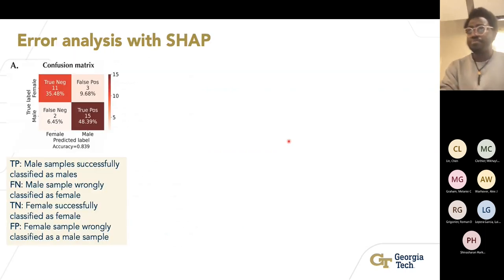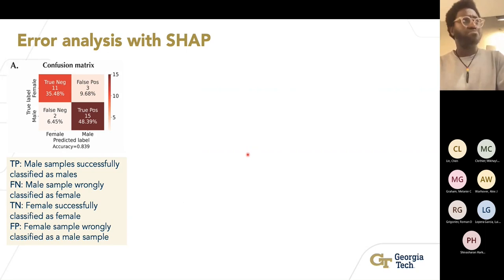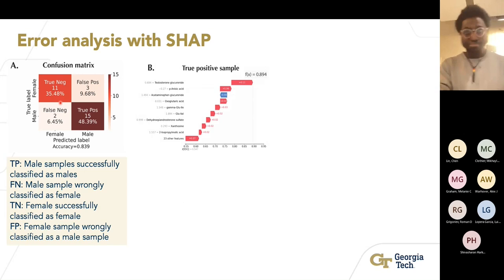Okay. To draw some sort of a close to this, let's do a little bit of error analysis. We have a confusion matrix here, and let's walk through what a typical sample looks like in each of these boxes. This is a waterfall plot.